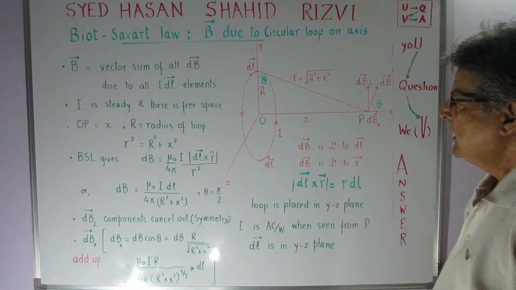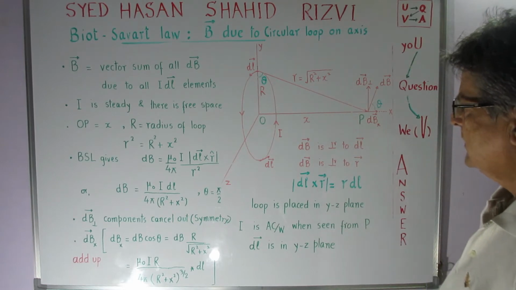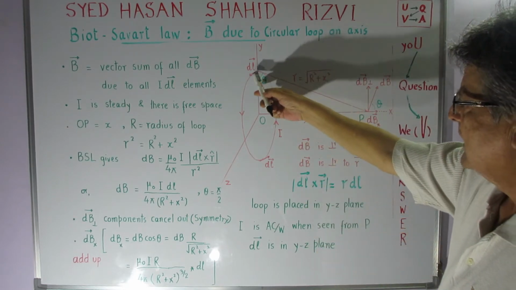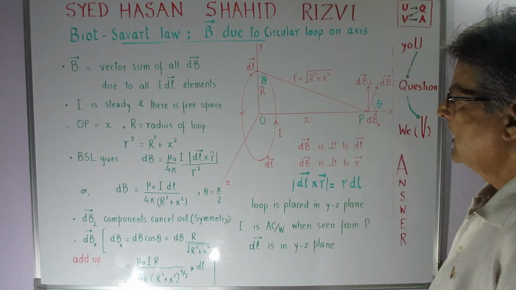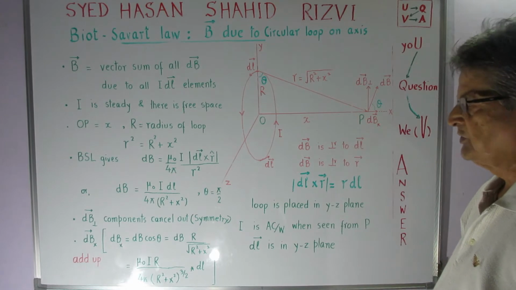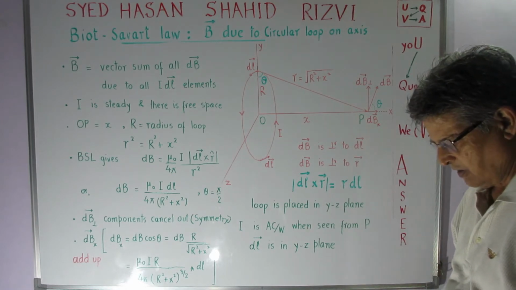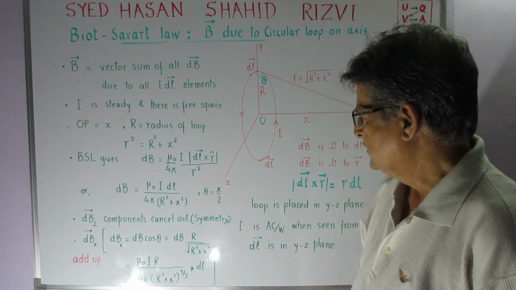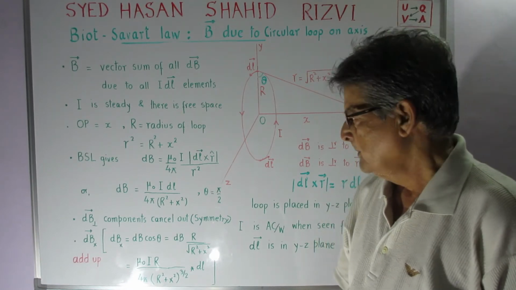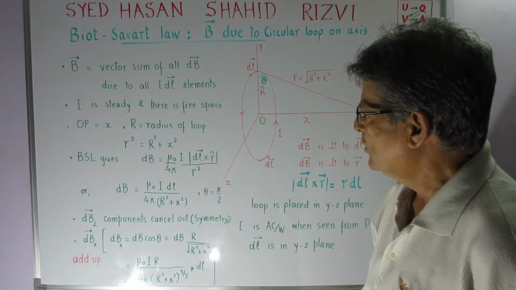Here I have an ideal element, a dl element, and the dl element is always taken in the direction of the sense of the current, which is considered to be a continuous flow.